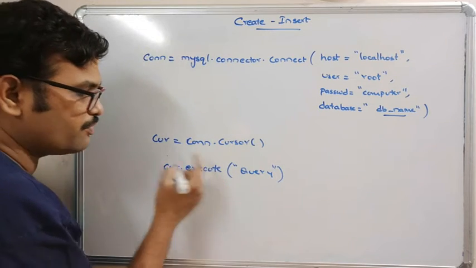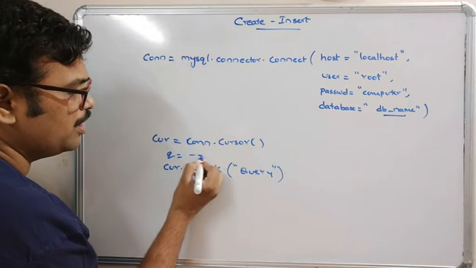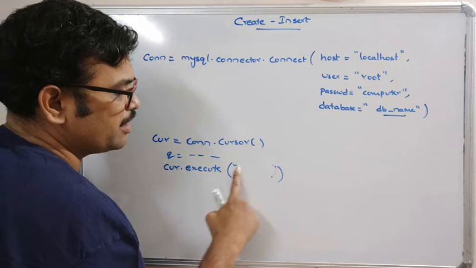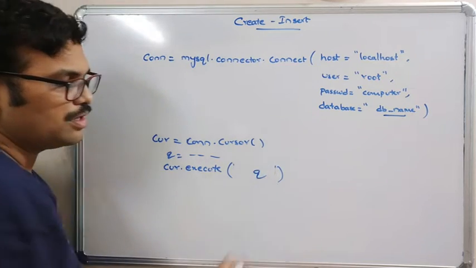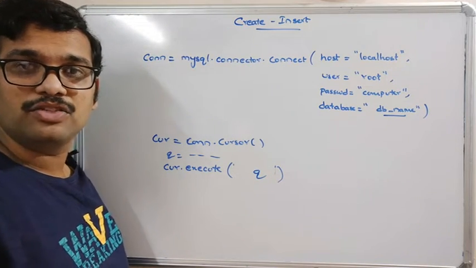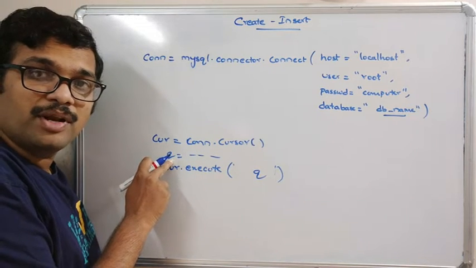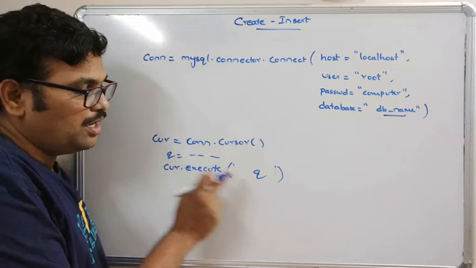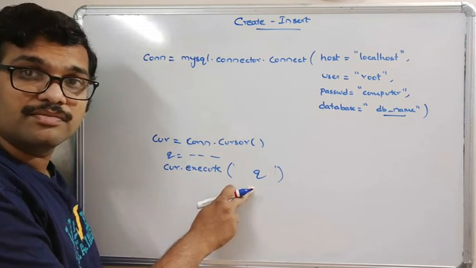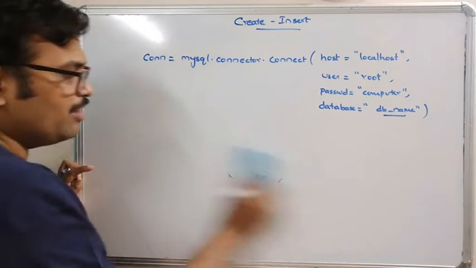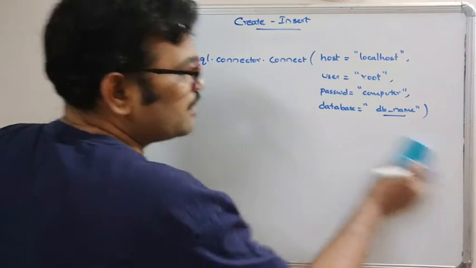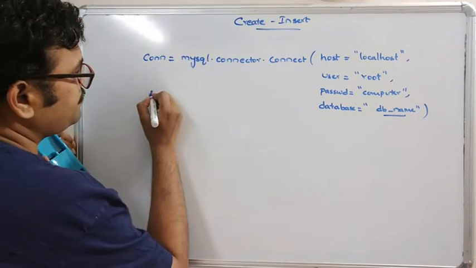Simply you can write the query under one variable and pass the variable here. Anything is no problem. You can write the query under one single name and pass this name as a parameter to the execute function. Now I will give you the syntax for creating a table.